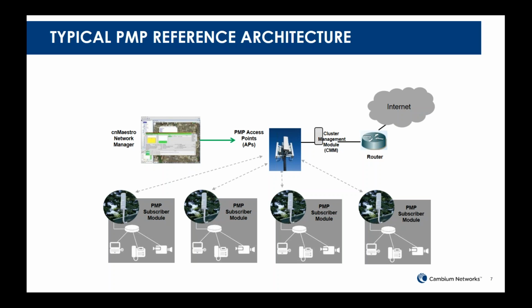So you can see the architecture here. We have the internet cloud connected to some sort of routing device at the core of the internet service provider's network. Connected to a device we call a cluster management module, or CMM, and that device has a unique role where it injects a timing signal onto the radios that are up on the tower, access points as we call them.